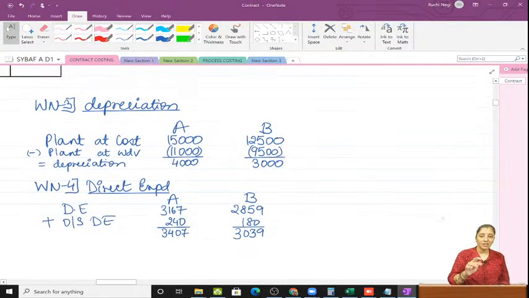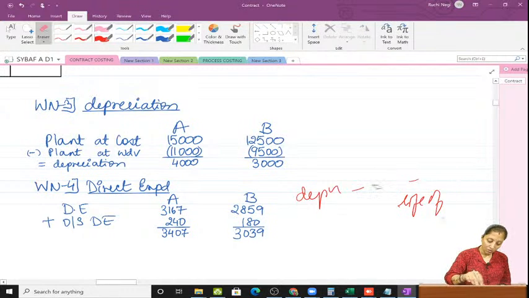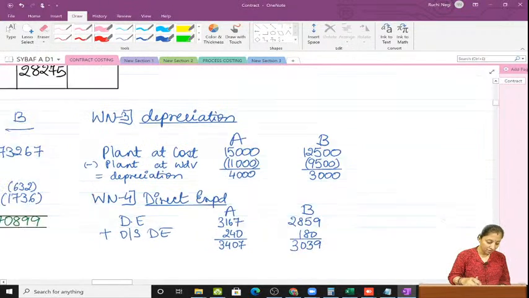If depreciation is not given in the question, say the cost and the WDV are not given, and they tell you to calculate depreciation, then use the basic formula: cost of the asset minus scrap value of the asset, divided by life of the asset. This is also one of the techniques of calculating depreciation under contract costing. So just remember these small minute details.